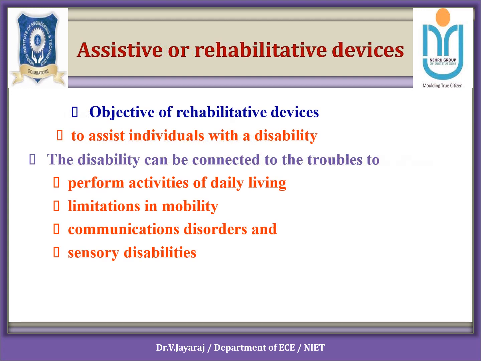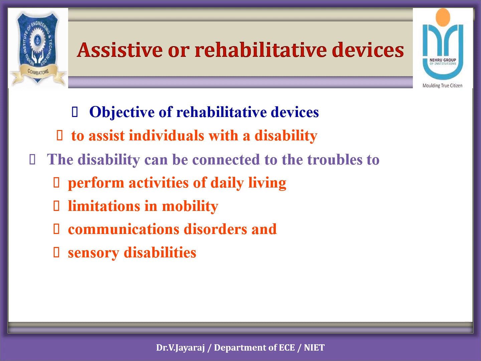The next category of device is called assistive devices. It is mainly used for persons who have some form of disability, for example, persons who do not have hands or legs, or who have hearing problems or eyesight problems.